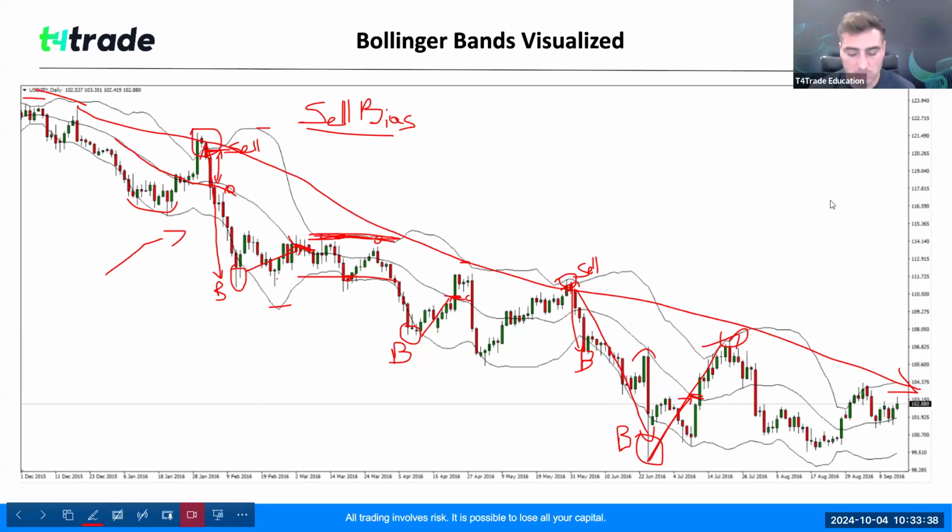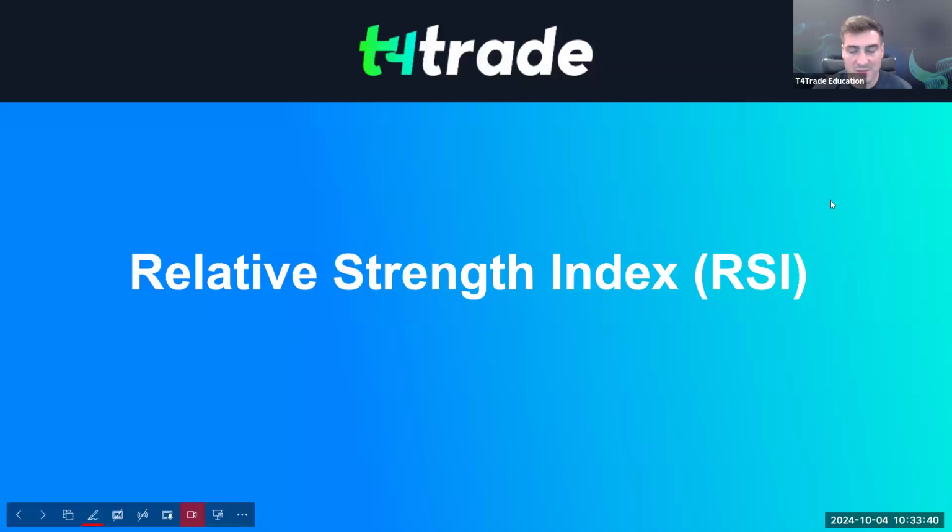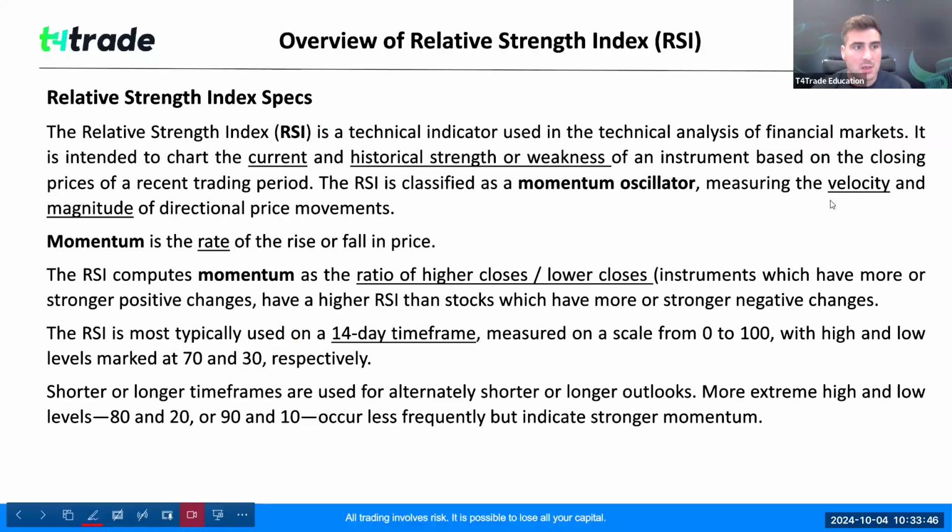Okay, so moving on to the next topic, which is RSI. I've covered this in depth as well in the prior webinar. The relative strength index, RSI, is a technical indicator used in the technical analysis of financial markets. It is intended to chart the current and historical strength or weakness of an instrument based on the closing prices of a recent period.